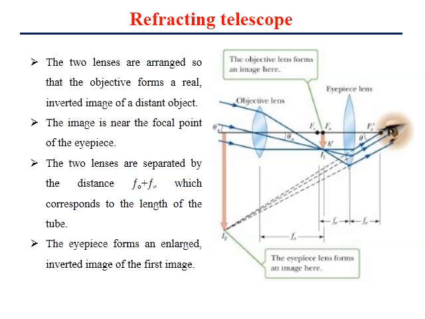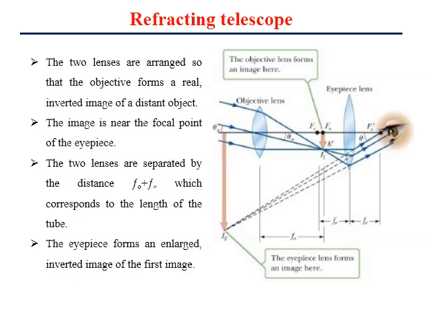So the image of the object is formed here through the objective lens, and this image acts as an object for the eyepiece, and finally the final image is formed by the eyepiece, which is here. The objective lens forms an image here, and the eyepiece lens forms an image at this particular point.